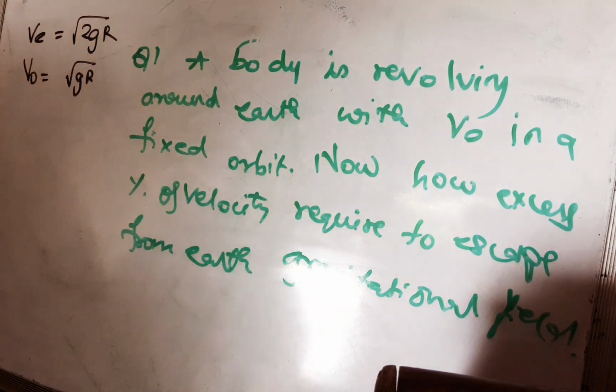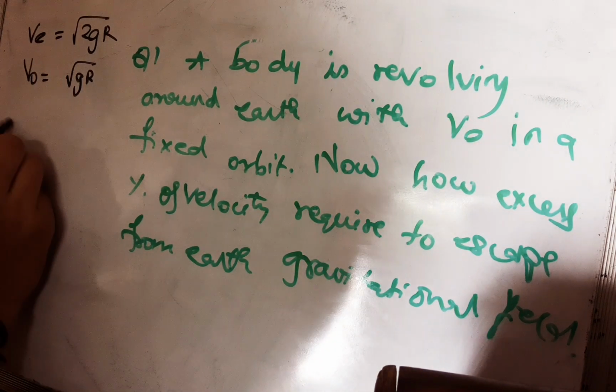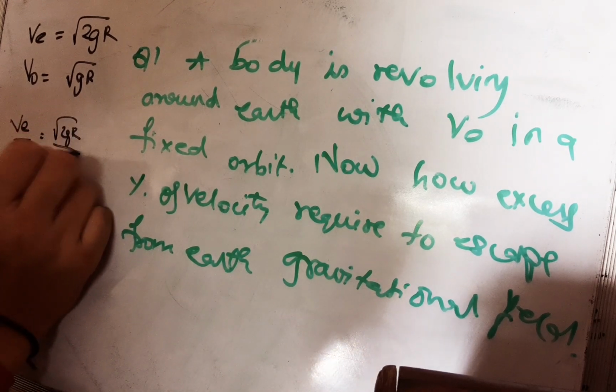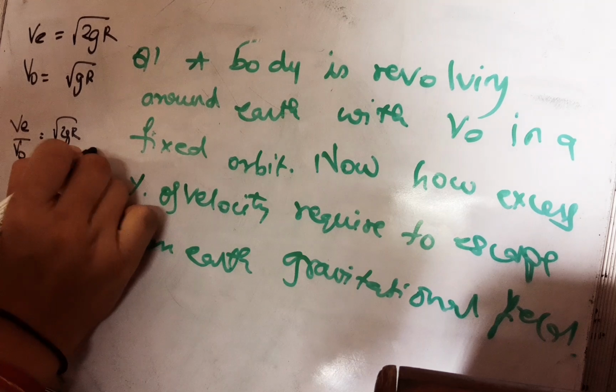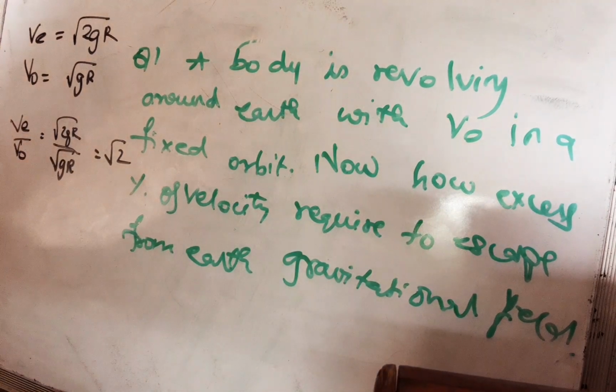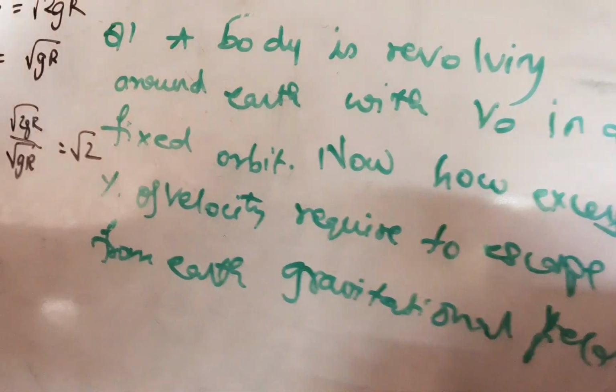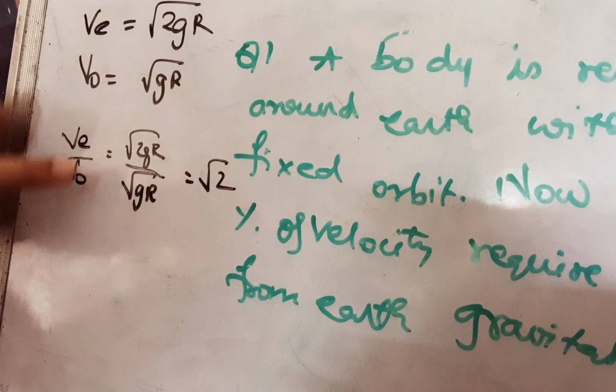Now, excess percentage means what? If I write ve upon v0, that is equal to under root of 2gr upon under root of gr. That will give you under root 2. Right or not? It will give you under root 2. Okay, clear?